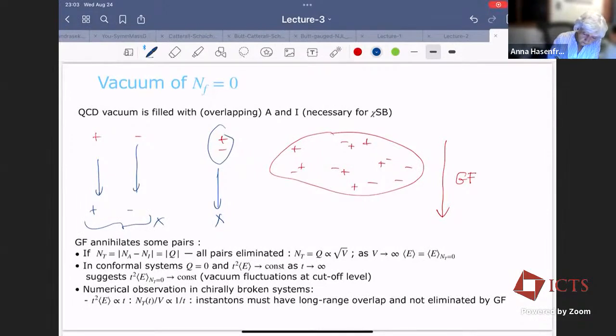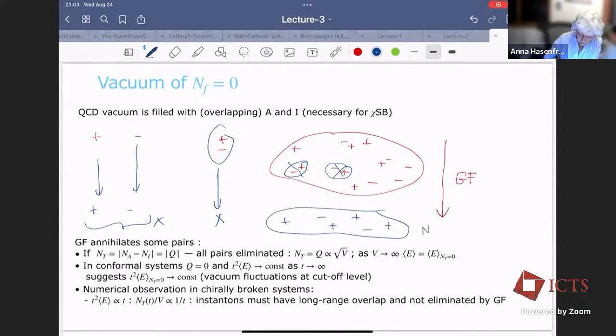Now, if I take the overlapping form, what happens there? Some of those will annihilate. They are nearby. But not all. I really just need an overall overlap across the entire regime. So this could still end up in a system that has several positive and negative charges.